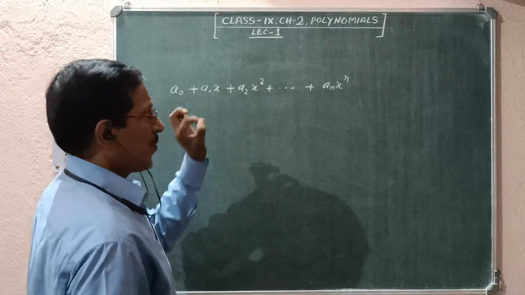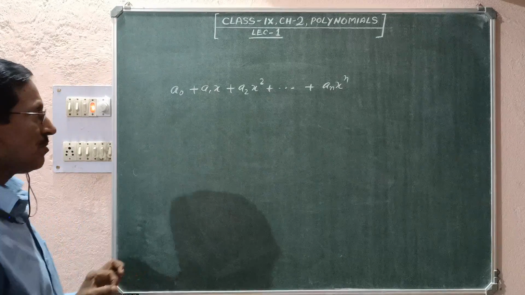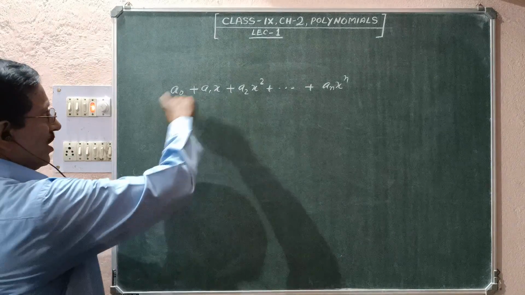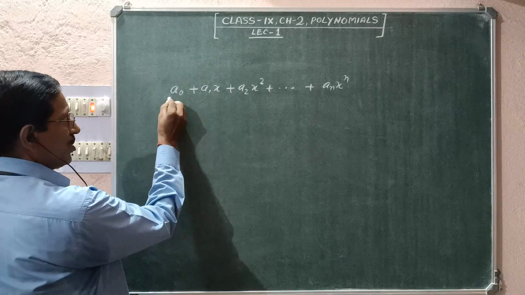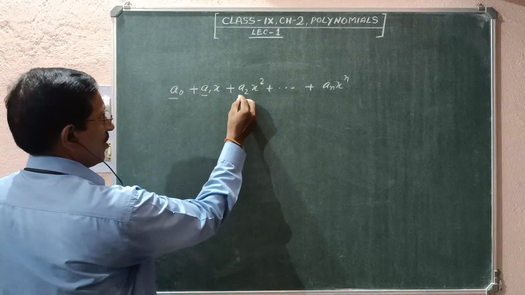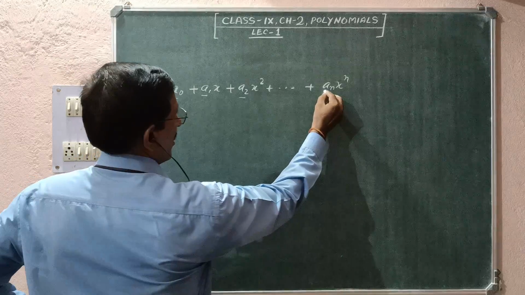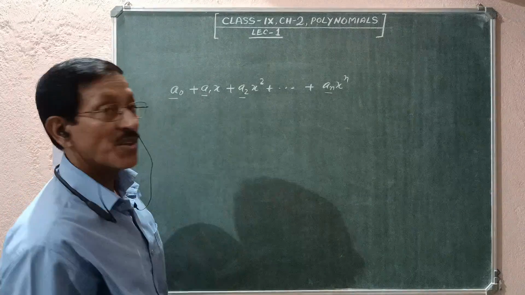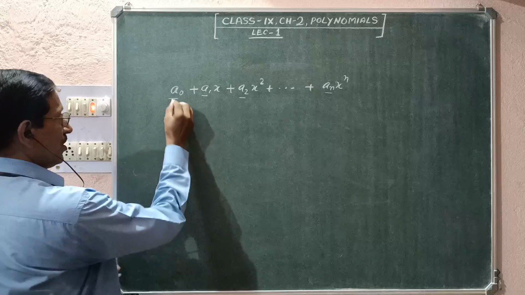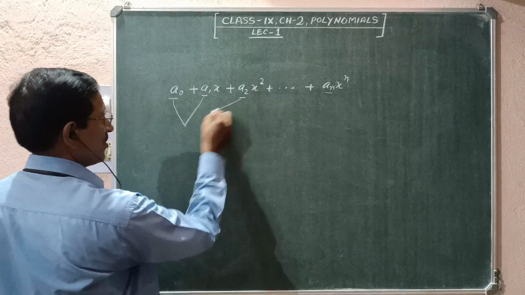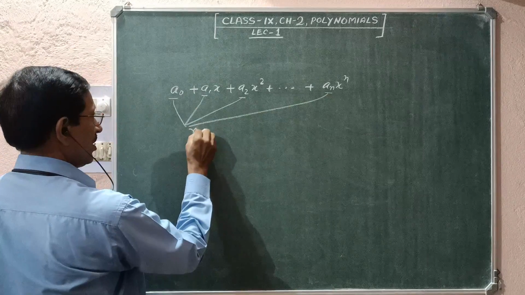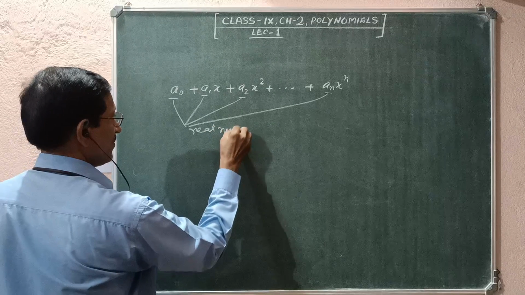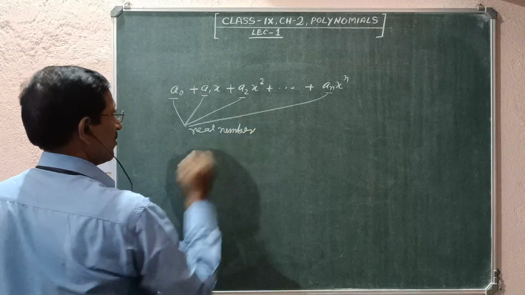So for polynomial, in this expression, a0, a1, a2 and an are real numbers. Real numbers.